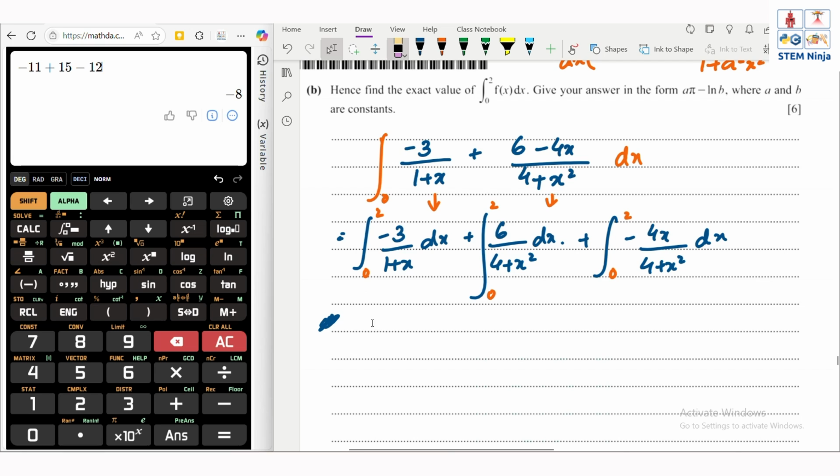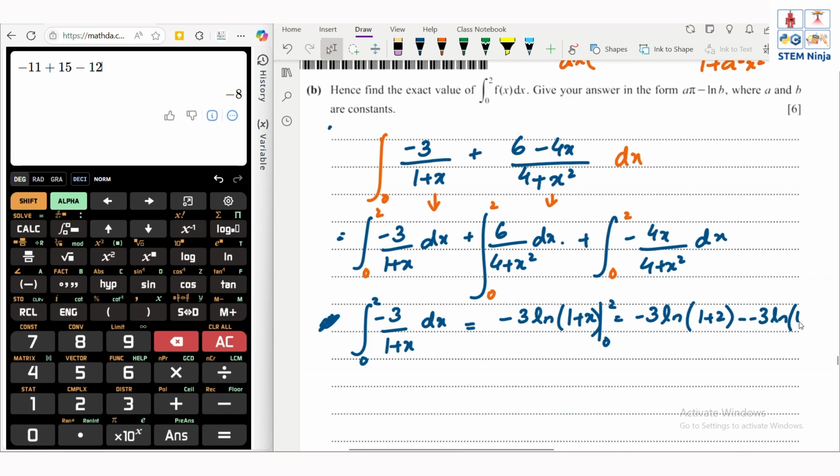So for the first one, you have minus 3 over 1 plus x dx, 0 to 2, that is just simply minus 3 ln of 1 plus x, 0 to 2, which means that this is minus 3 ln of 1 plus 2 minus minus 3 ln of 1 plus 0.